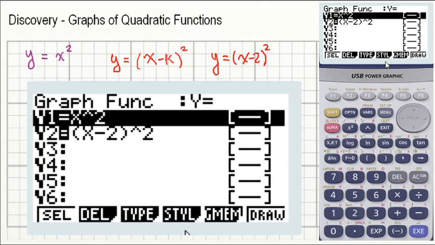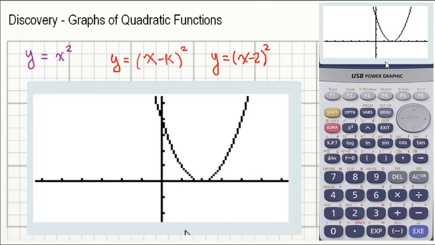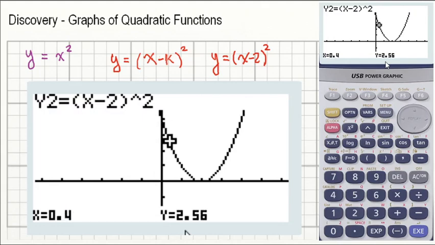We may turn the first function off, draw it again, go to trace, and look for our 0. And our x is 2 when y equals 0. So our function was shifted 2 units to the right when we subtracted 2 inside of the brackets here.